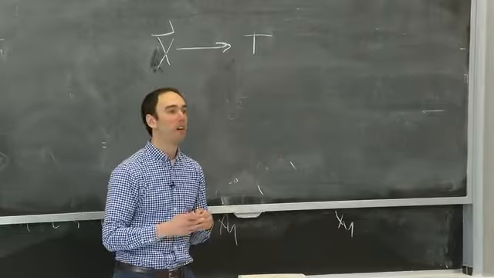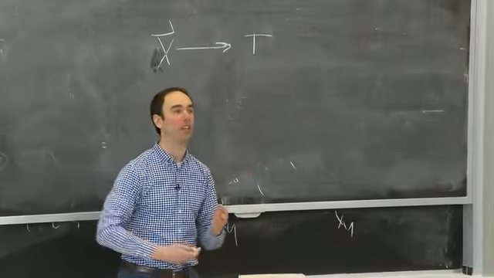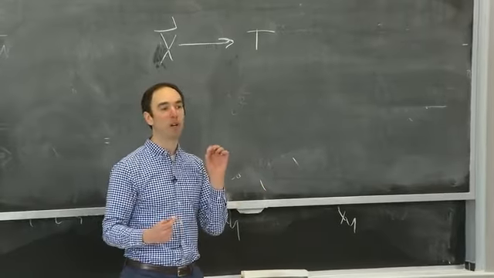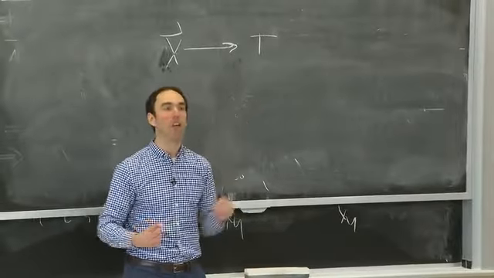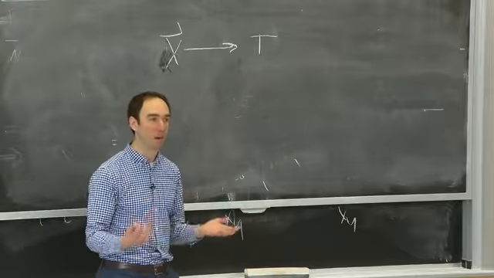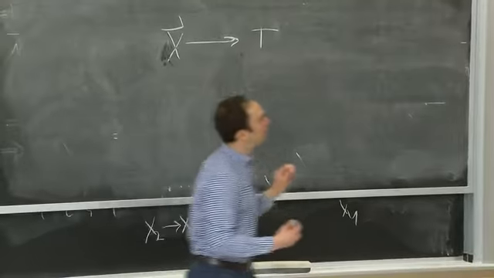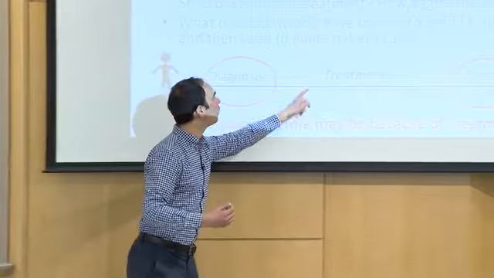It could be continuous, maybe you're deciding the dosage of the treatment, or could be maybe even a vector. For today's lecture, I'm going to suppose that T is just binary, just involves two choices. But most of what I'll tell you about will generalize to the setting where T is non-binary as well. But critically, I'm going to make the assumption for today's lecture that you're not observing new things in between.